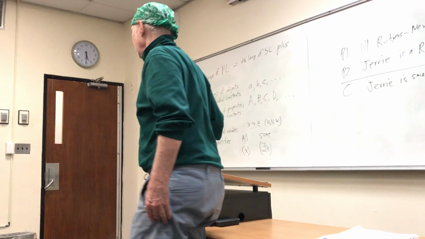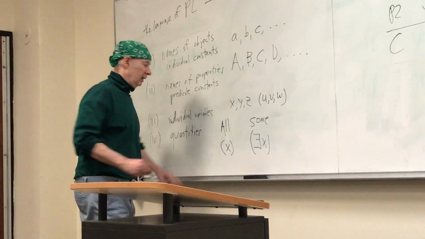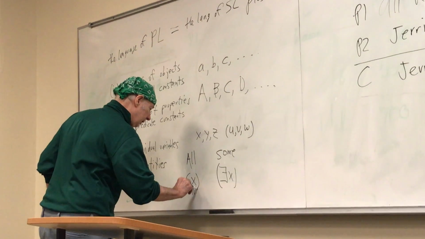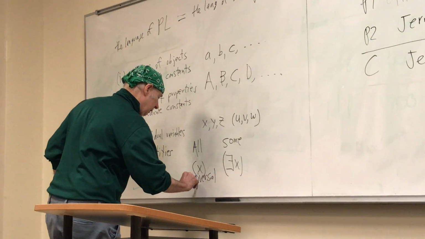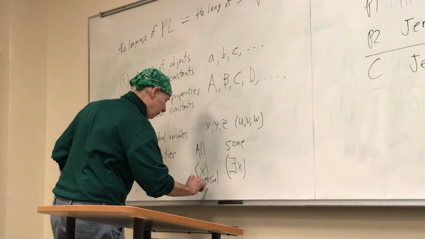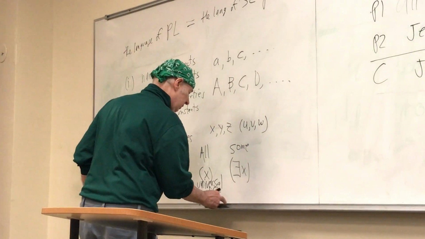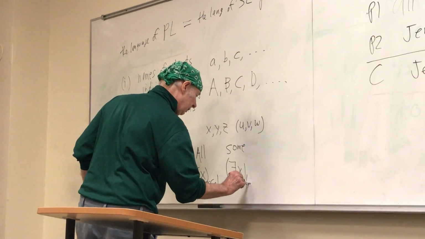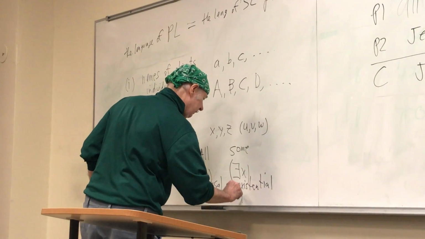And these symbols have names. This is called a universal quantifier. And this is called an existential quantifier.